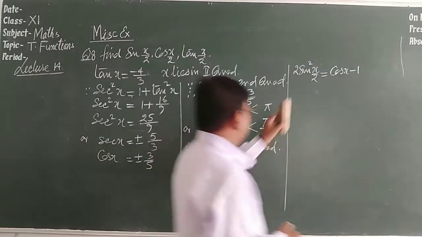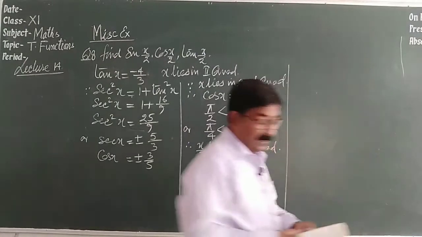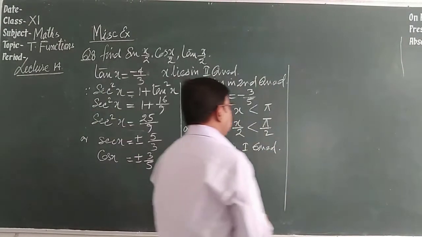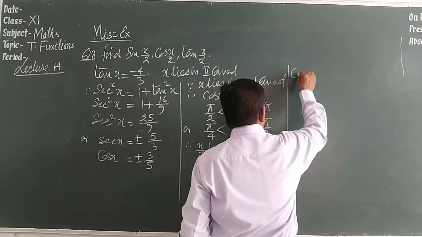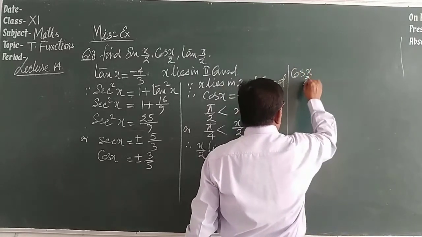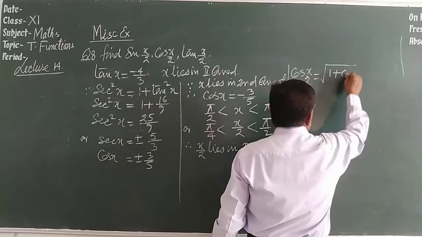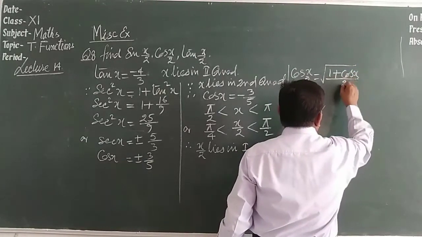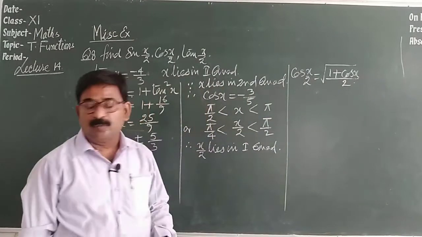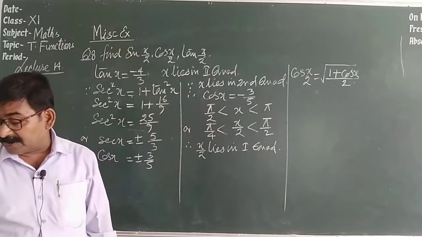See, I am writing cos x by 2 is equal to under root 1 plus cos x by 2. This is the direct formula of cos x by 2.